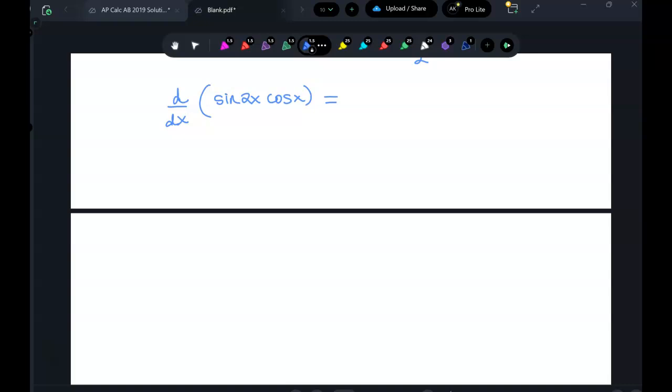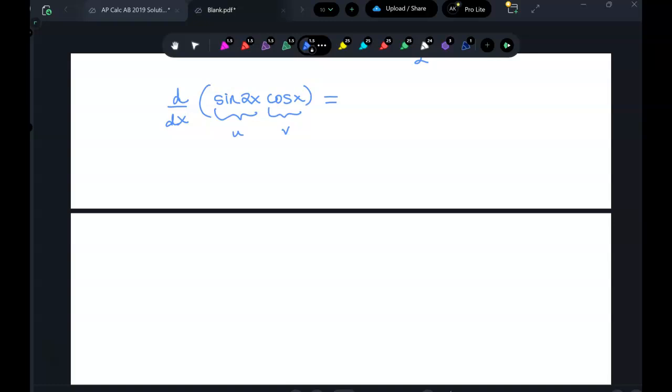Okay, what would we do? Sine of 2x times cosine of x. All right. What would that be? We can't do the dividing thing, can we? Nope. This is a derivative. That's my bad. So now we have to do the product rule.